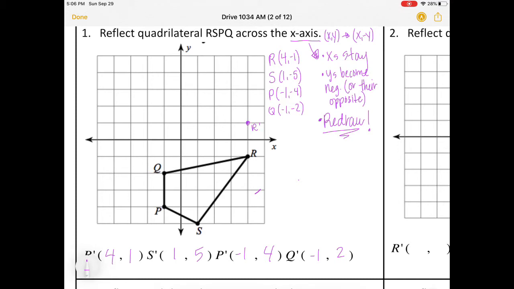Okay, S is 1, 1, 2, 3, 4, 5. S prime. Okay, P is -1, 4. P prime. And then Q prime is -1, 2.